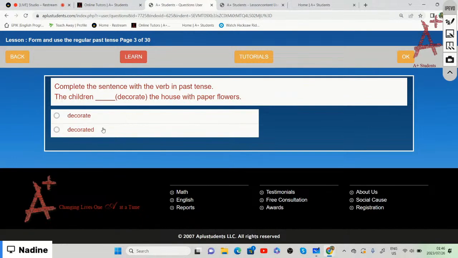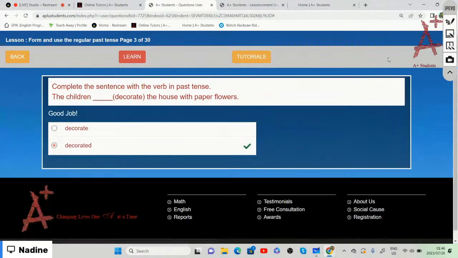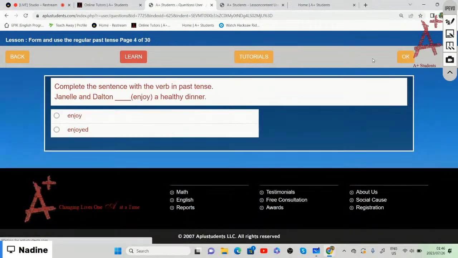However, in the past, they decorated. Which means that decorate ends with an E, so we are just going to add the D for decorated. So decorated is our verb within the past tense. If you say decorated, then well done. We're going to do the last one.